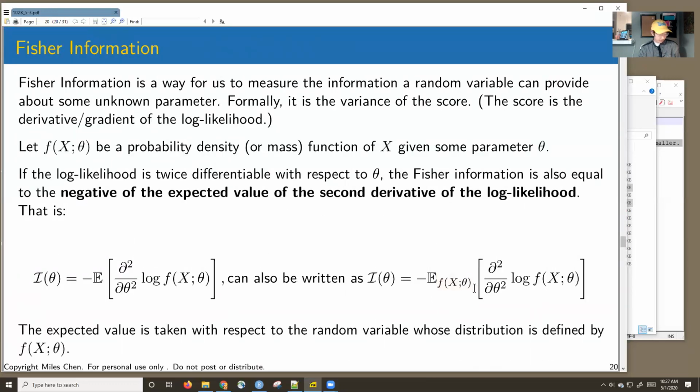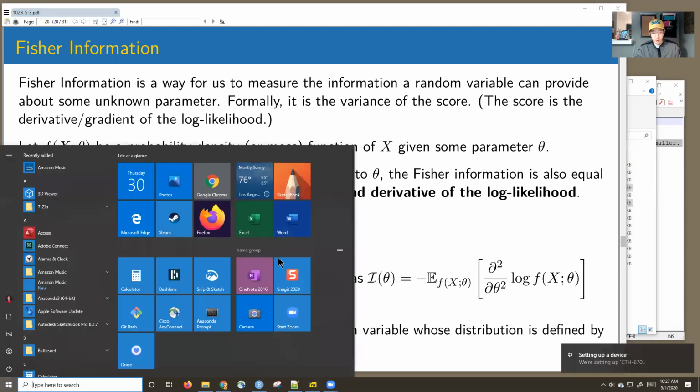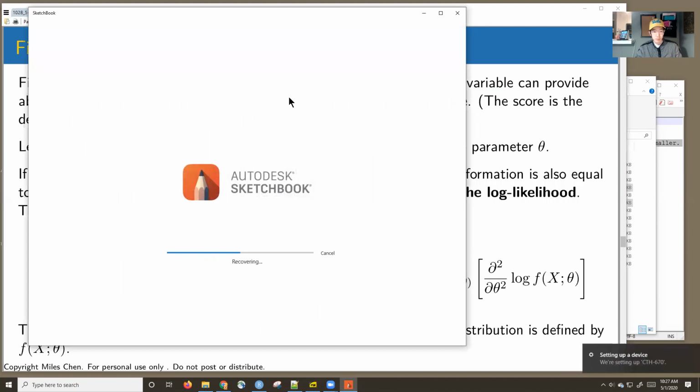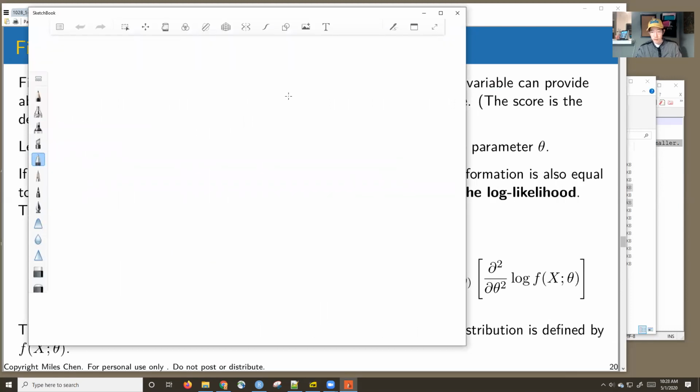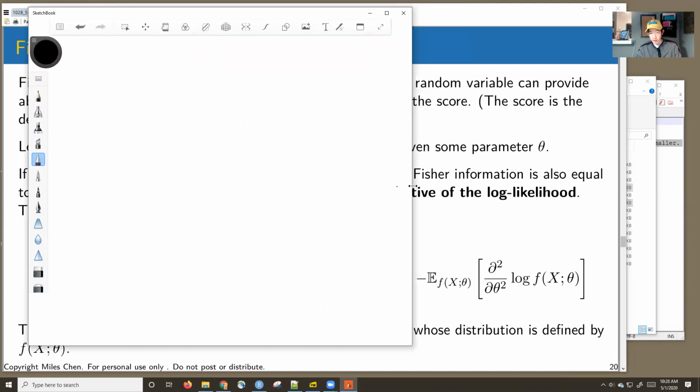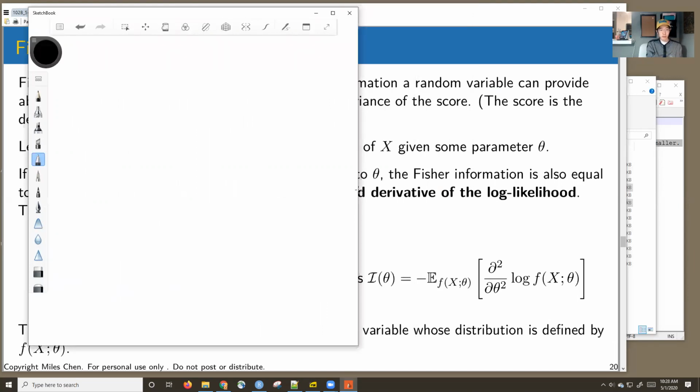I didn't write this, but it's worth a quick review.